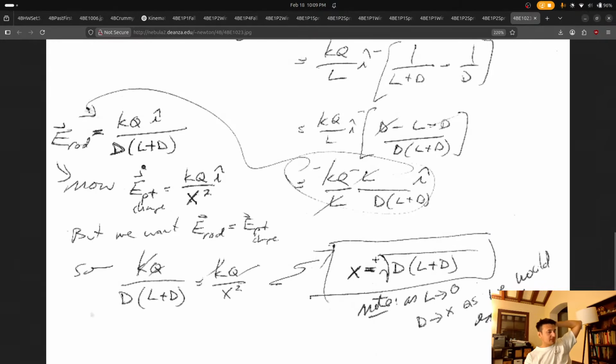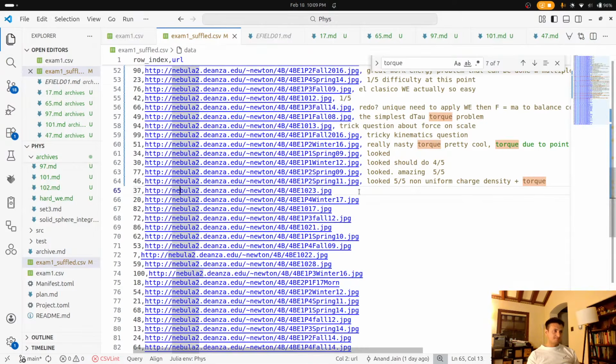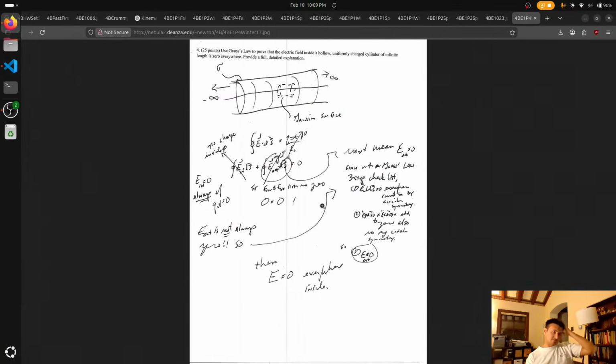So now you want to say, yes. You just plug it into a point source Coulomb, a KQ over R squared. Okay, this is pretty good. I feel like I could do that.